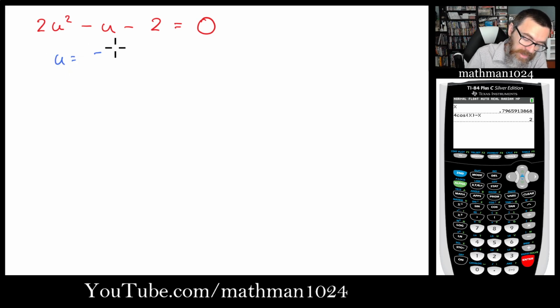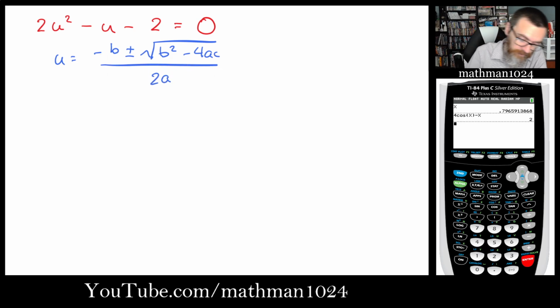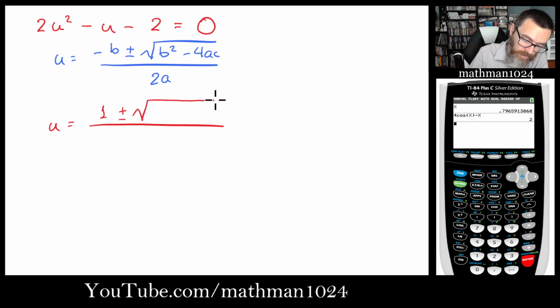So again, quadratic formula, negative b plus or minus the square root of b squared minus 4ac all over 2a. So u, negative b is going to be positive 1 plus or minus the square root.